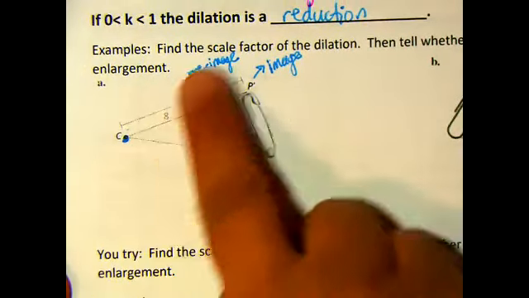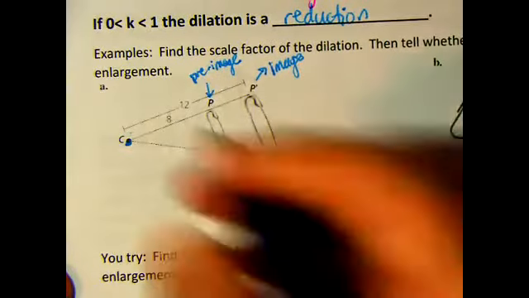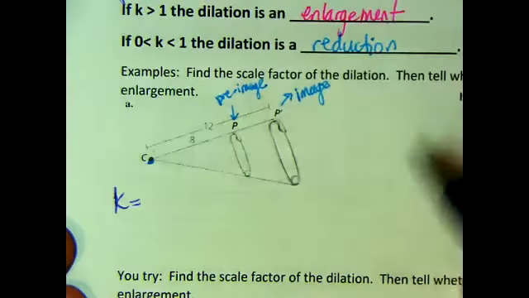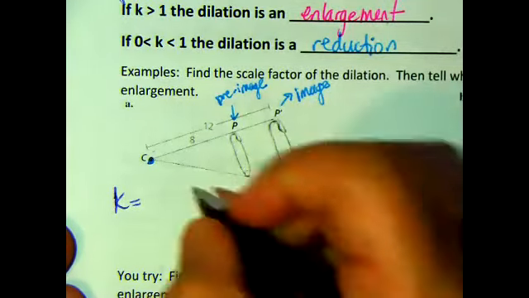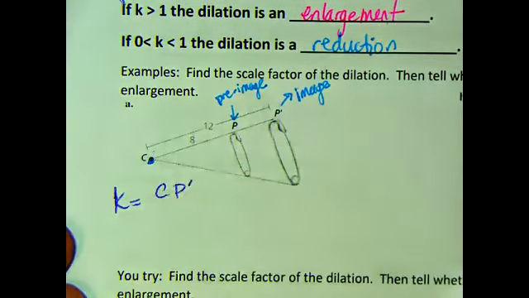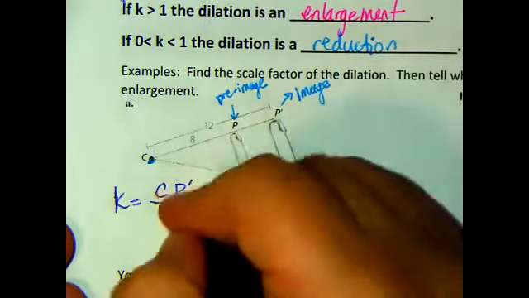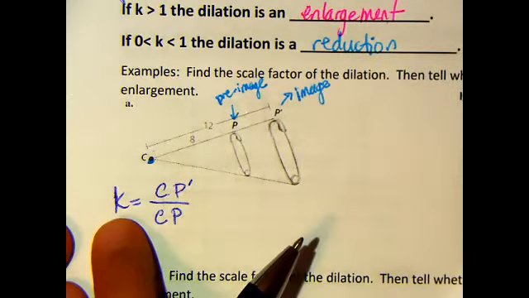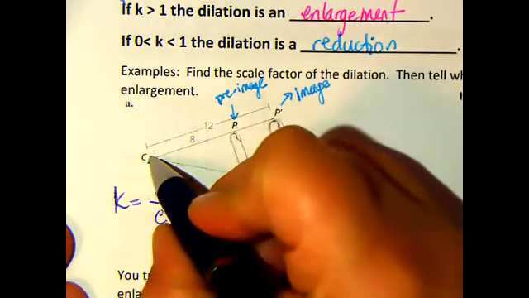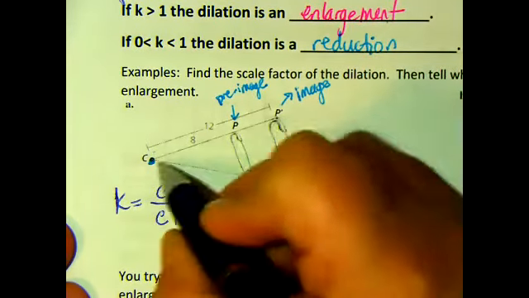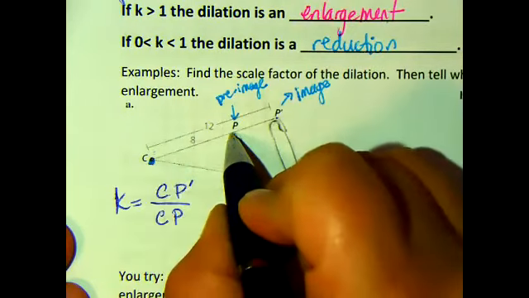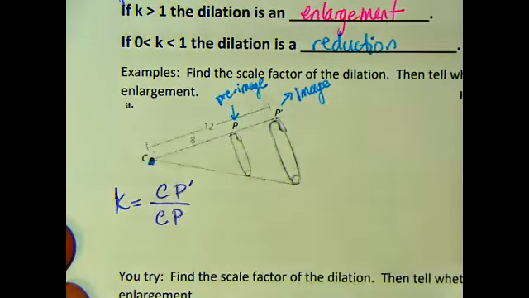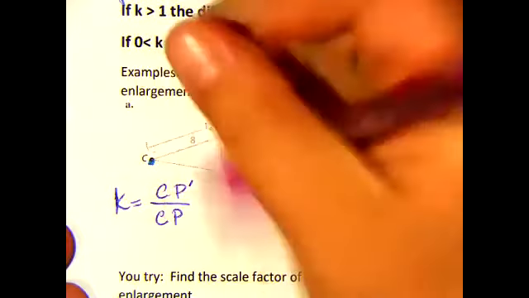So when we want to find the scale factor here, we're going to use the ratio. Remember I said image over pre-image. Our image is going to be the distance from C to P prime, and our pre-image is going to be the distance from C to P. So to find our scale factor, we look at the distance from C to P prime and put that over the distance from C to P. We have some nice distances here.